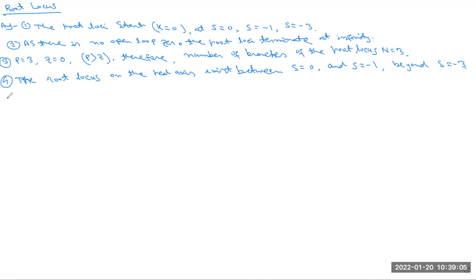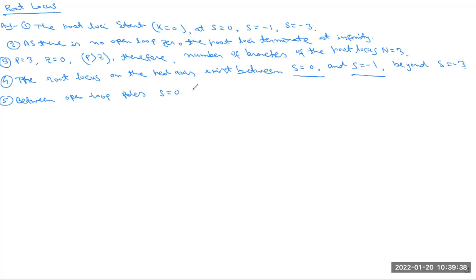Okay, next, number 5, we have to calculate the characteristic equation and also the breakaway point. Between the open loop transfer function's open loop poles, here we have to imagine s equal to 0 and s equal to -1.